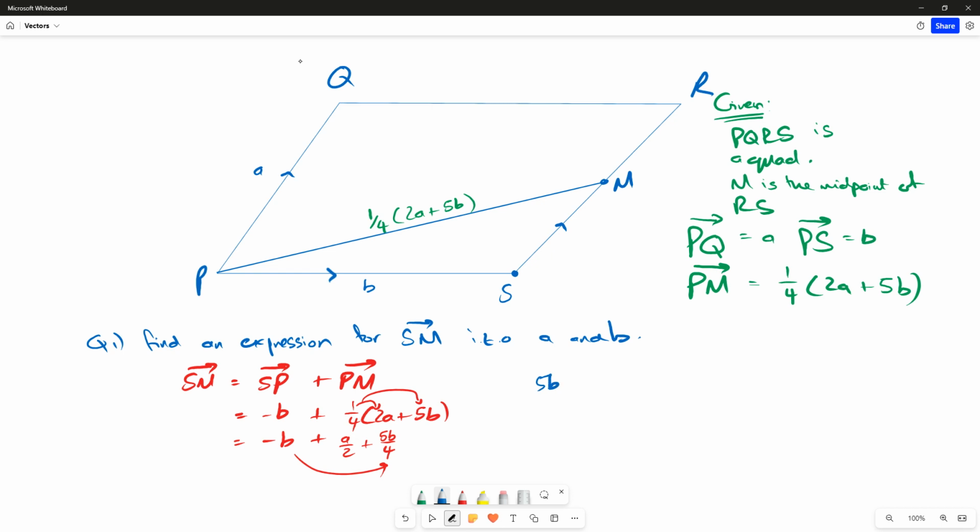So 5B over 4 minus B is the same as 5B over 4 minus 4B over 4. And then that'll become B over 4. So those two like terms will become B over 4 plus A over 2. And so that will be this vector over here, B over 4 plus A over 2.